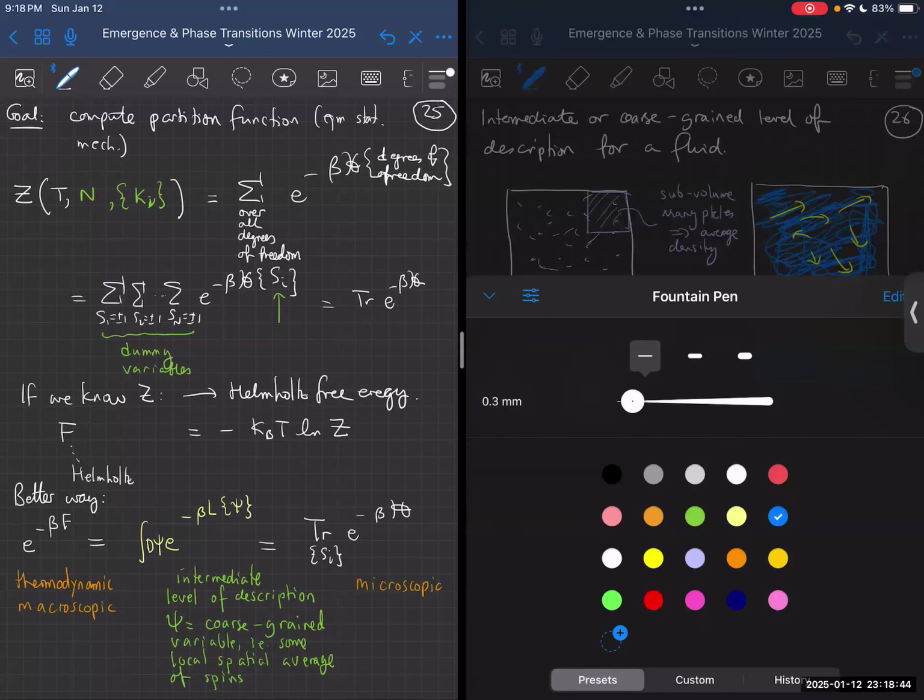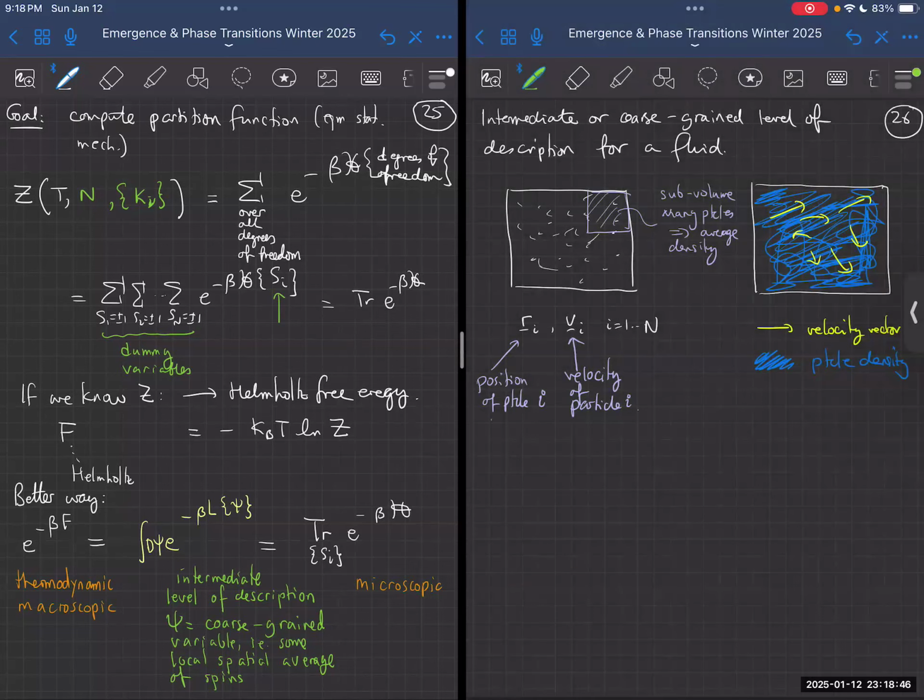And so this would be a microscopic description, and this would be an intermediate level description. And so if I use either of these two levels of description, I should end up getting the same thermodynamics. They're both fundamentally equivalent.